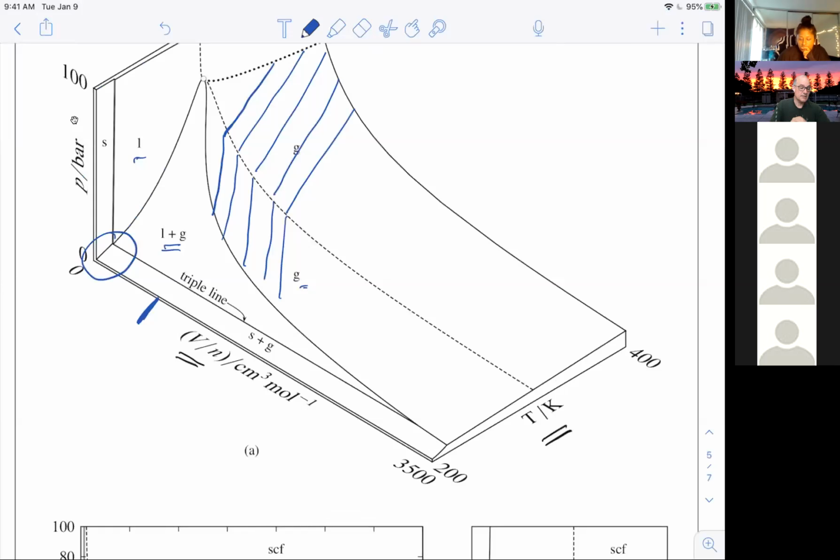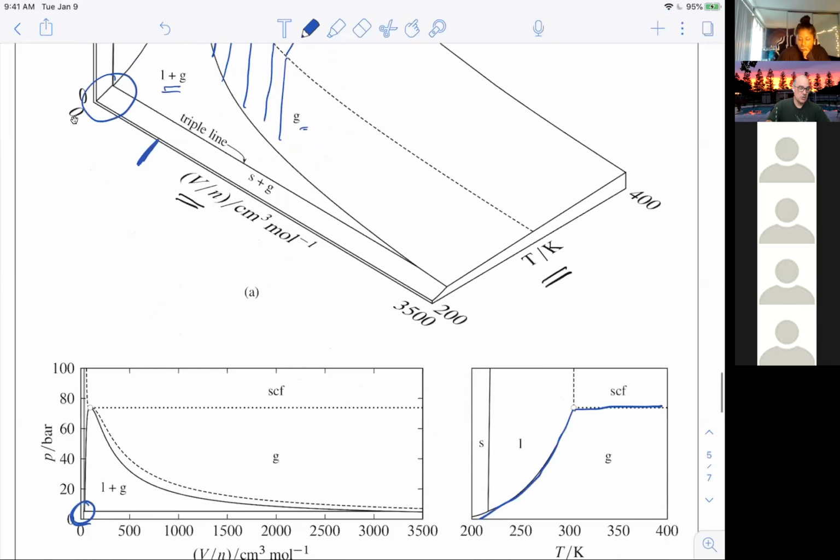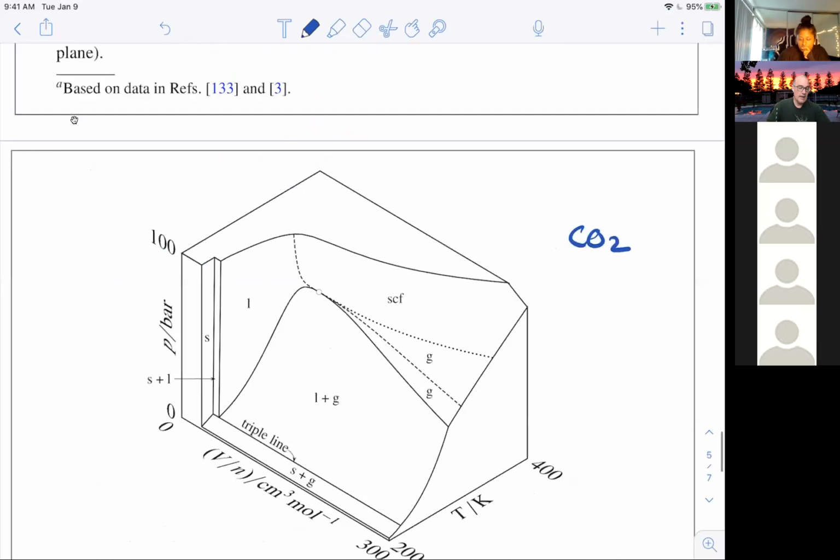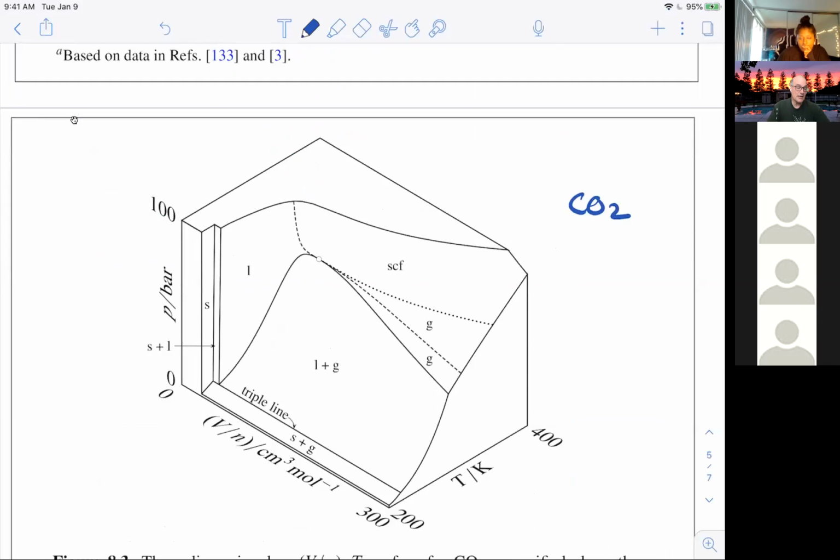It compresses just this lower area, right? And you can see that, maybe. But it expands this more interesting area, which includes SCF, which is supercritical fluid, which we'll talk about a little bit today. So this is kind of complicated, right?